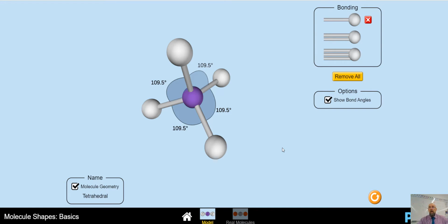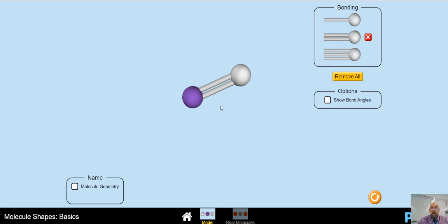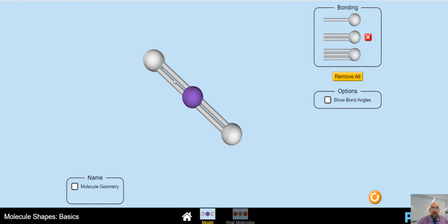All right, now we'll do the same thing, but I'll show you how it works with multiple bonds. I'm going to get rid of all the single bonds, that one, that one, that one. It doesn't really matter. If I've got that and that, I've still got the same idea. Even though I've got 2 double bonds, we've still got one group of electrons here and one group of electrons here.